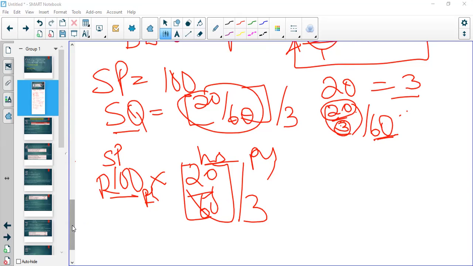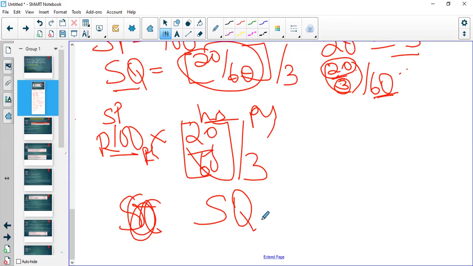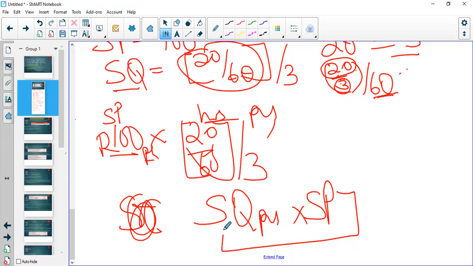So the cost per unit, remember, is going to be equal to your standard quantity per unit of measurement multiplied by your standard price, which agrees with this unit of measurement, to give you the standard cost per unit.